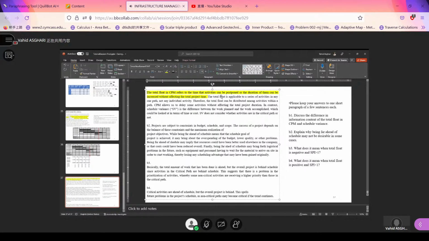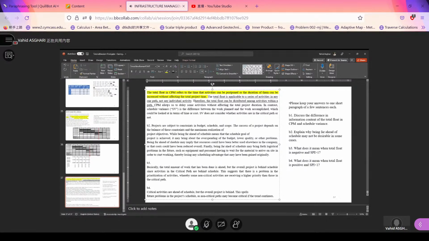Definition of total float. The total float is applicable to a series of activities in any one path, not any individual activity. Therefore, the total float can be distributed among activities within a path. Okay, the path.